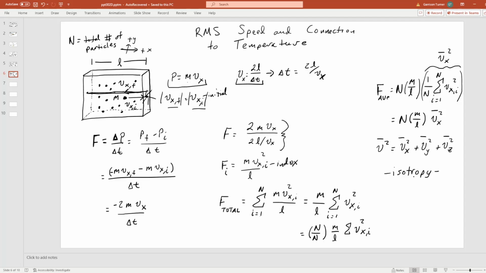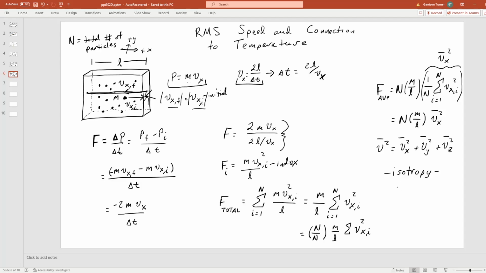So what this means is that if the particles are all uniform in makeup, so that all of the particles are the same type essentially, and there's no other factors influencing the gas in the container, then the speeds should be essentially evenly distributed. In other words, for a given snapshot, you should see just as much average velocity in the x direction as you should in the y as you should in the z.